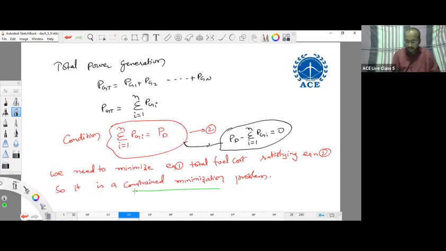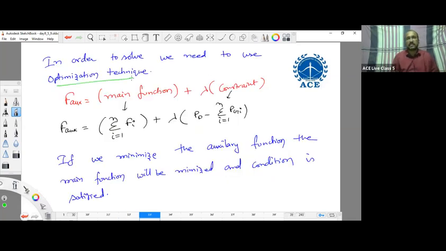So what type of problem is it? A constrained minimization problem. What do you mean by a constrained minimization problem? That means two different conditions are to be satisfied. So how do you convert this constrained minimization to unconstrained minimization? We need to use an optimization technique.